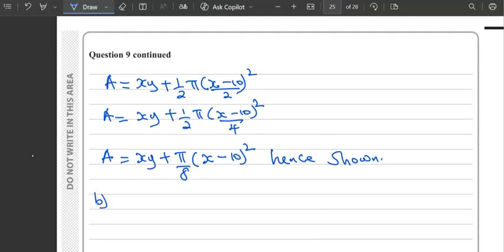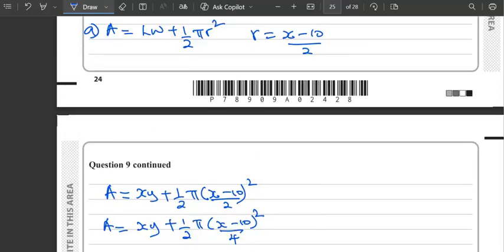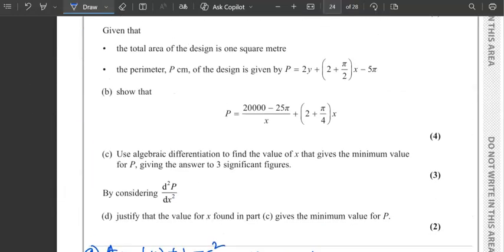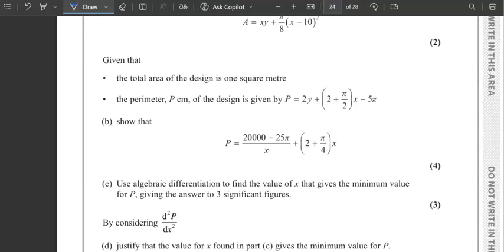So our part B here, going back to the question, given that the total area of the design is 1 square meter, so that is worth noting.